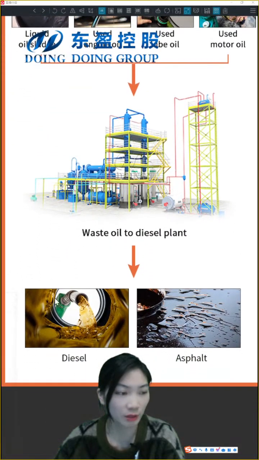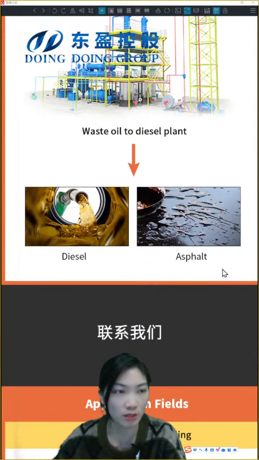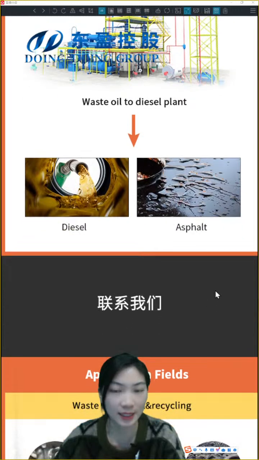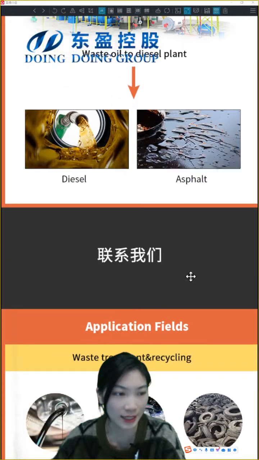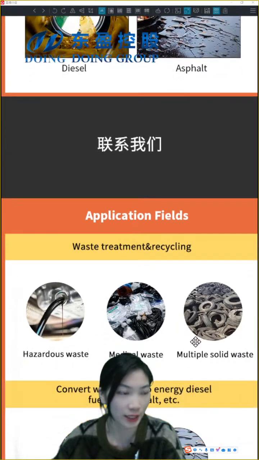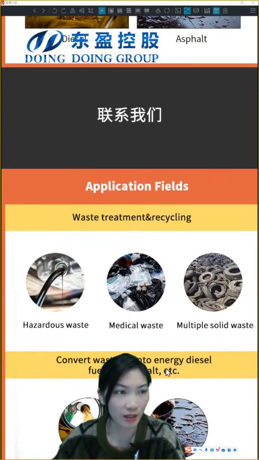Normally, the final products you can see are diesel, asphalt, and also the syngas. Syngas, like I said, is kind of natural gas you can use in the industrial area as heating fuel. Okay, then after we get the diesel or the fuel oil, where can we use them? So here we can give you some reference.